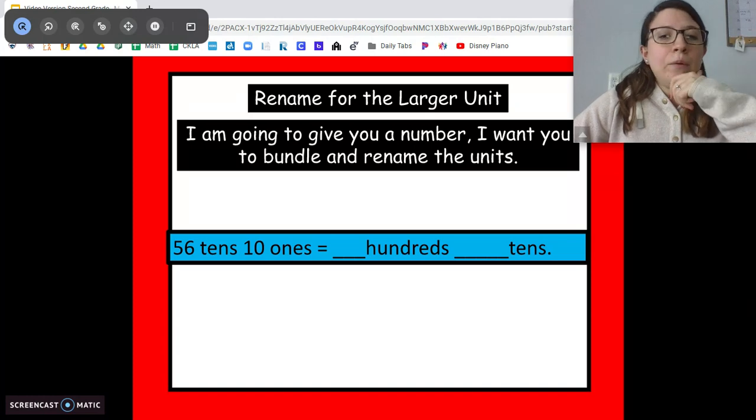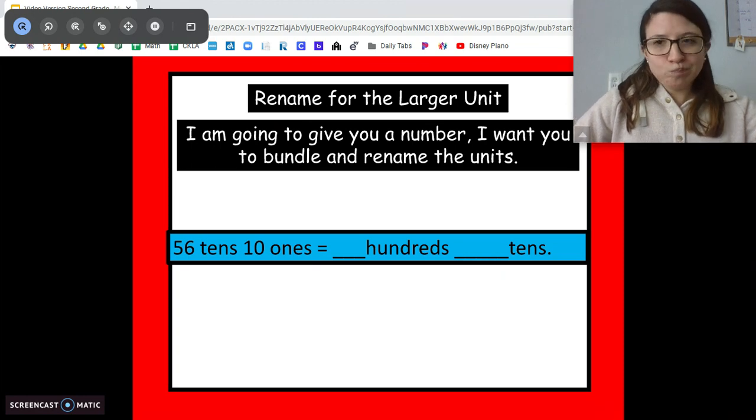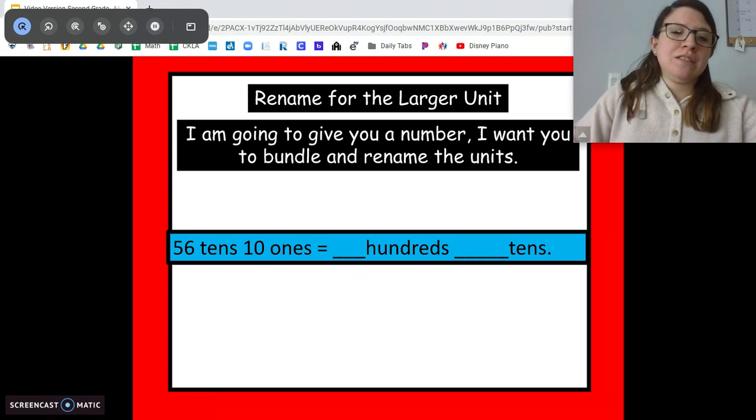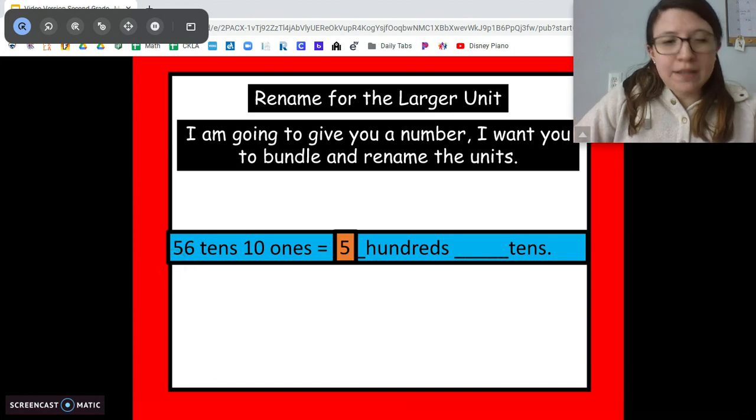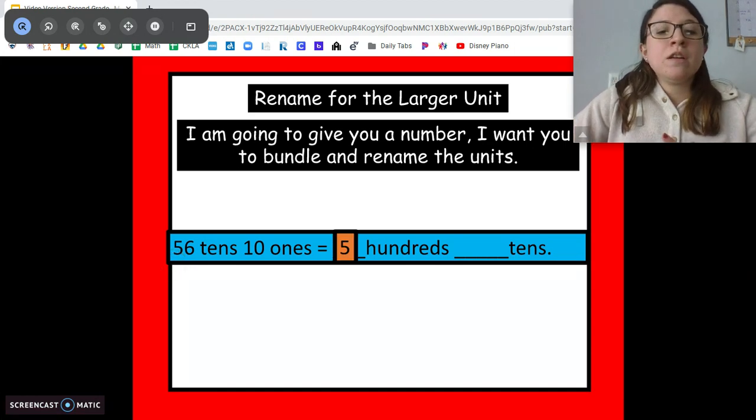All right, I want you to try this one on your own, then we're going to go over it. How would we bundle 56 tens and 10 ones into hundreds and tens? Good, so let's start with our hundreds. If I'm looking at 56 tens, I'm seeing 5 hundreds and then another 6 tens.